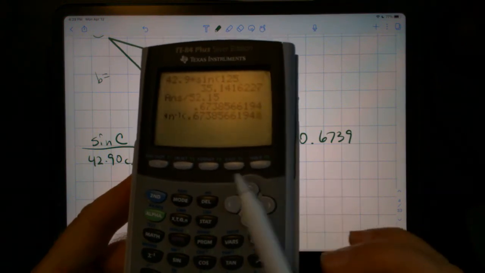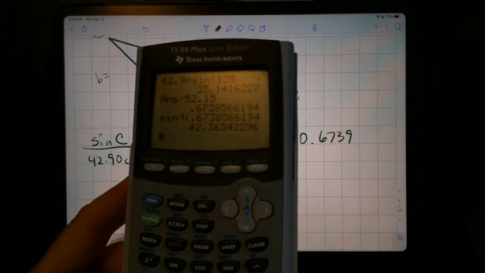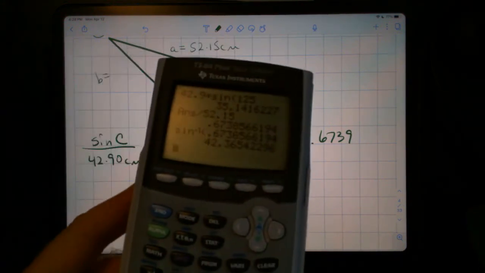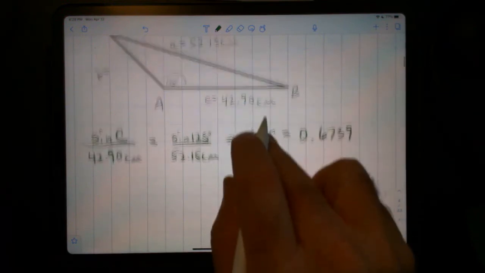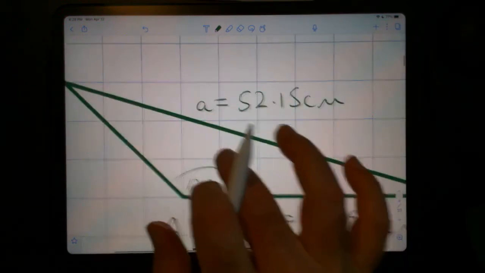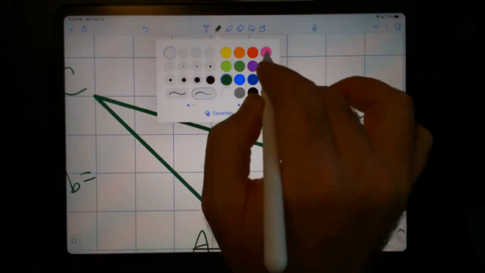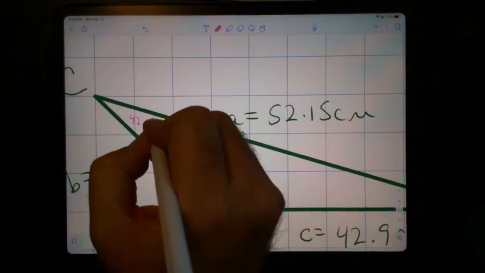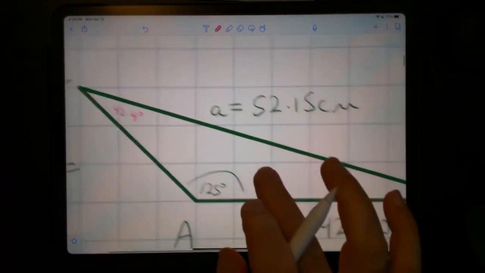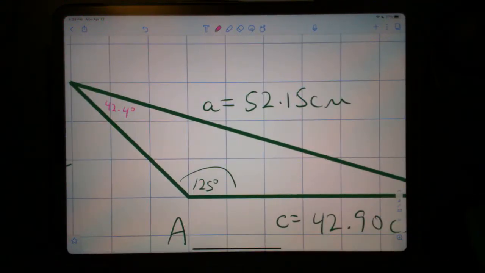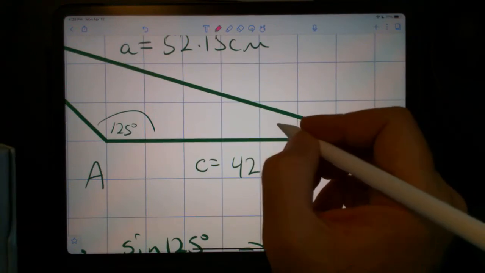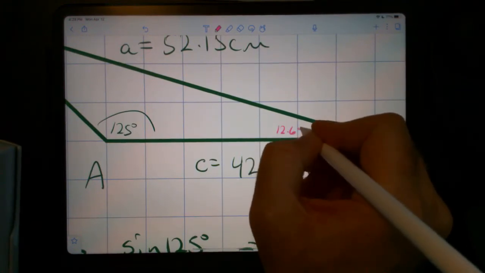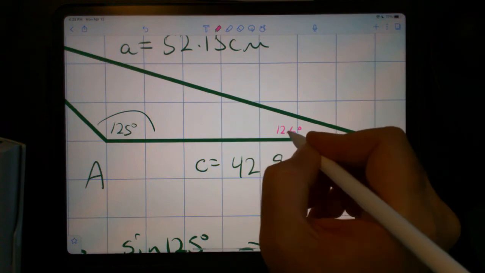But still, I'm going to find arcsine of the entire number. 42.4 degrees. Which makes this 12.6 degrees.